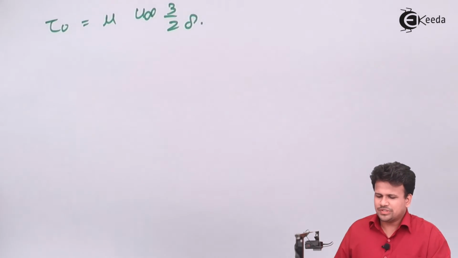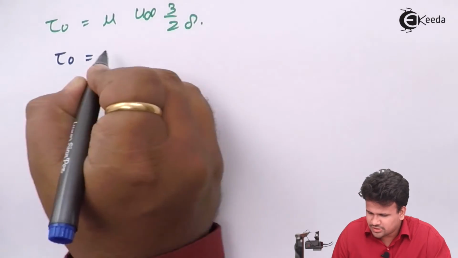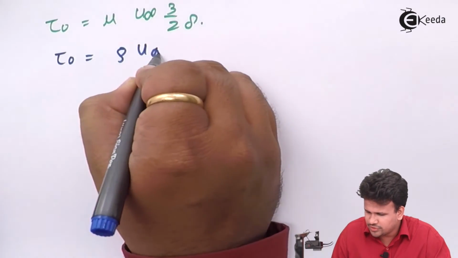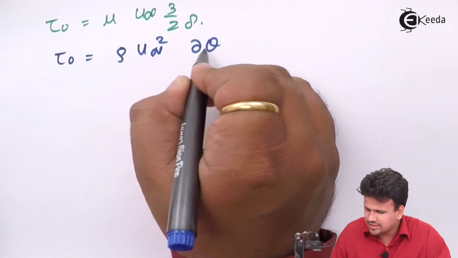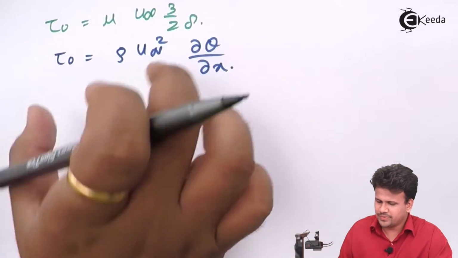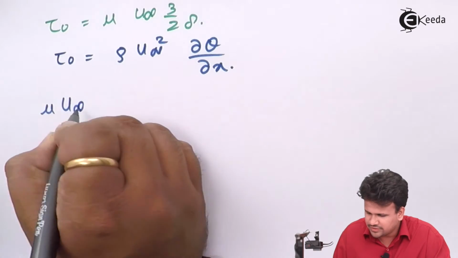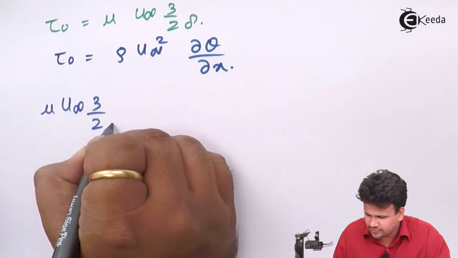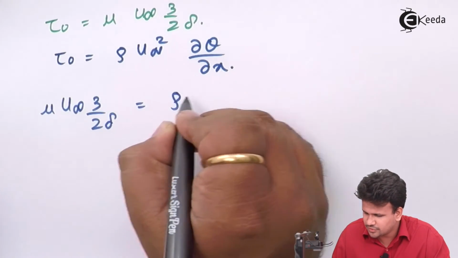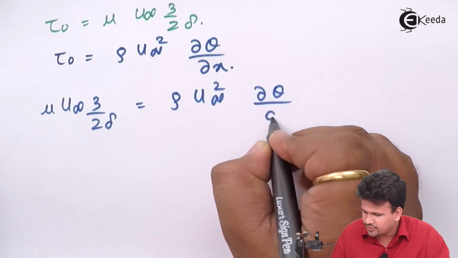Now we'll substitute into von Karman's equation, which is tau is equal to rho into u infinity square dou theta by dou x. So we'll equate these two equations. What we get over here is mu into u infinity into 3 by 2 delta is equal to rho into u infinity square dou theta by dou x.